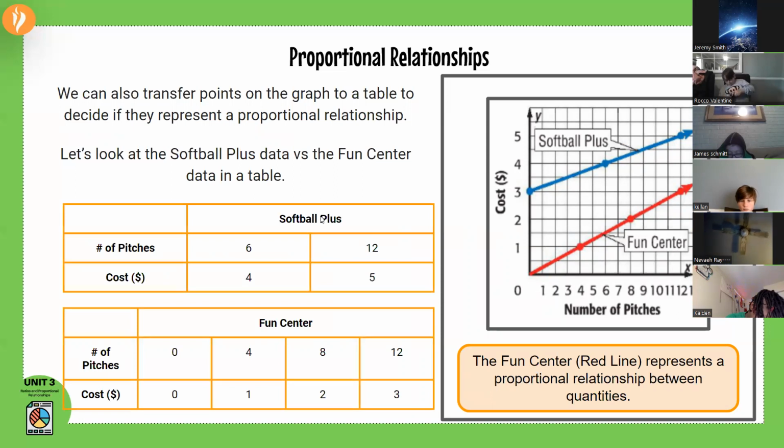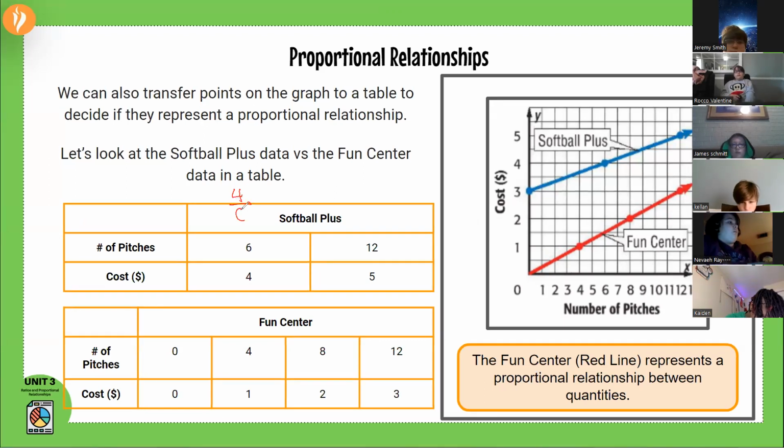Let's look at Softball Plus. So remember, you have to divide y by x. So if we do Softball Plus, if we do 4 divided by 6 and 5 divided by 12, are these equal? Somebody figure out real quick. What is 4 divided by 6 in money?